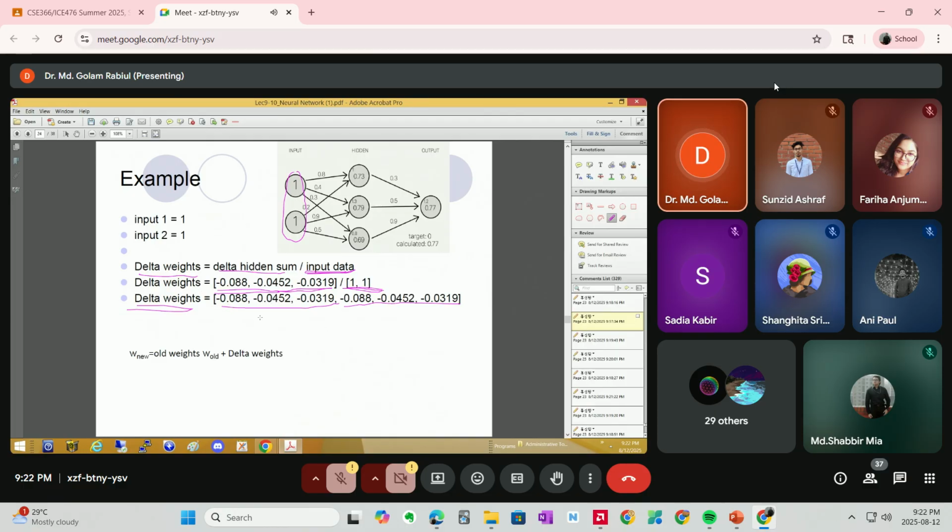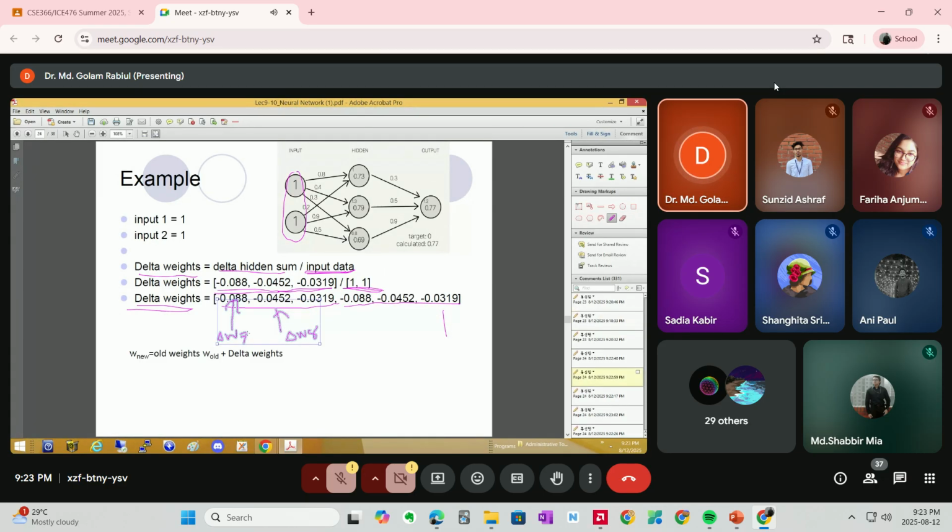So we can see this one is our delta W7, this is our delta W8. That is the rate of change of W8, not W7.